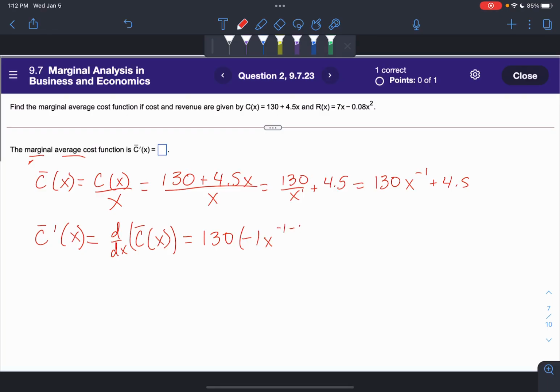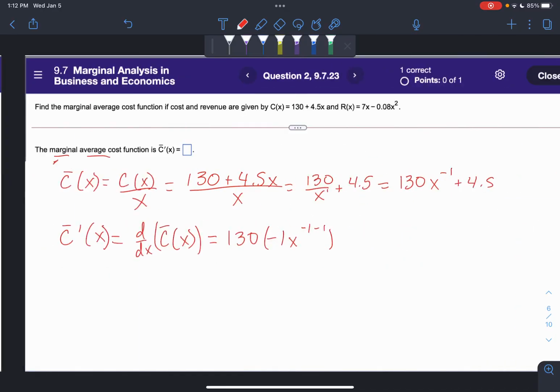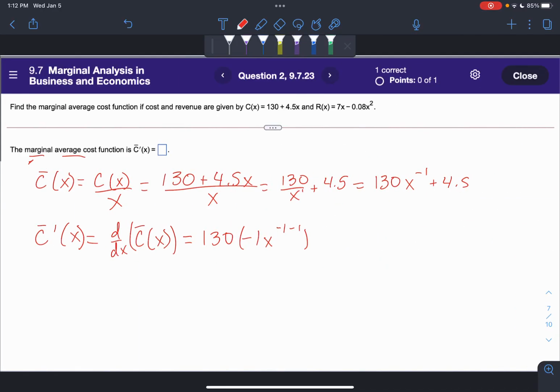So just be careful because this has a negative power, that you're not getting your negative exponents mixed up, all right? And then the derivative of 4.5 is just 0. All right, so I'm going to move this negative 1, or you can multiply the 130 in.